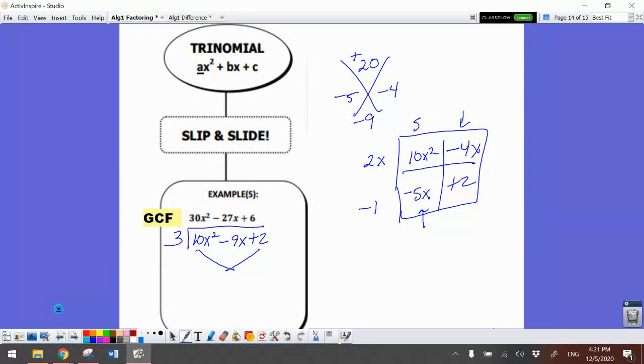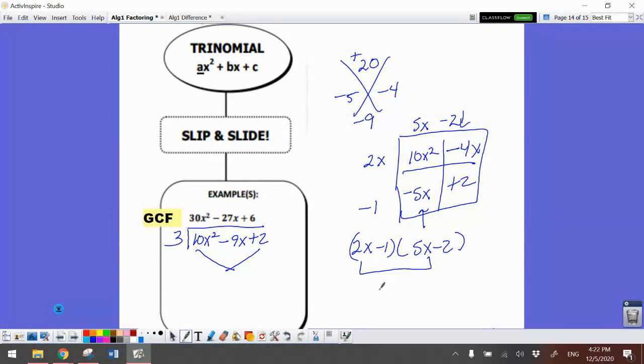Here, I'm going to take out a 5x. And here, I'm going to take out a negative 2. Okay, a negative 2. Remember, I have to have a positive 2 here, so I have to have a negative and a negative to get rid of that. So if the negative is in the first spot, you're going to have to take out that negative. So 2x minus 1 and 5x minus 2.